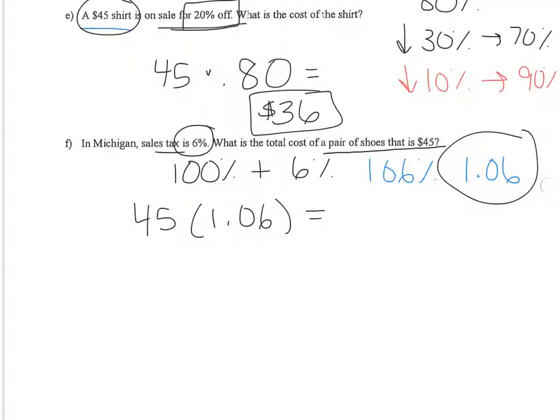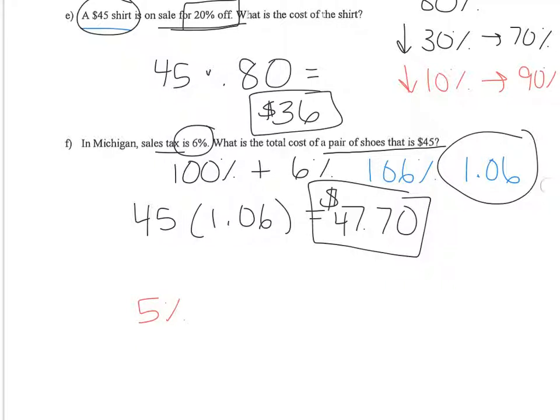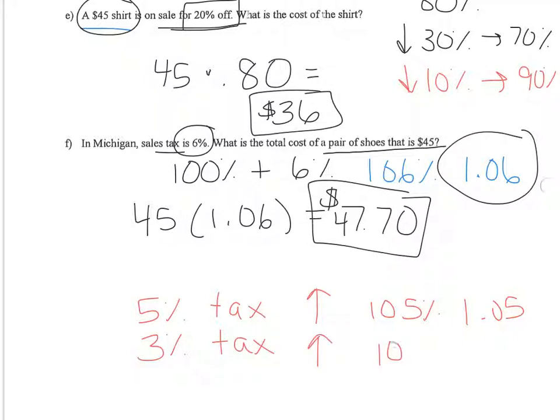So 45 times 1.06 is 47.7, so it's $47.70. So if you had a 5% tax, it means to go up. So it's going to be 105%, which is 1.05. If you had a 3% tax, it means to go up. 103% is 1.03.